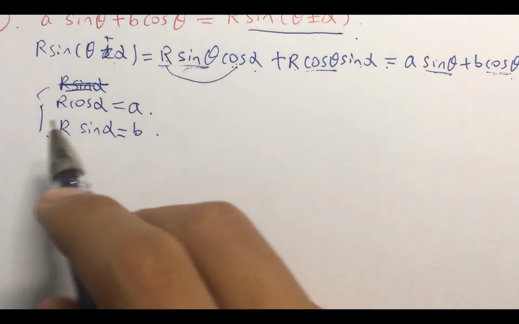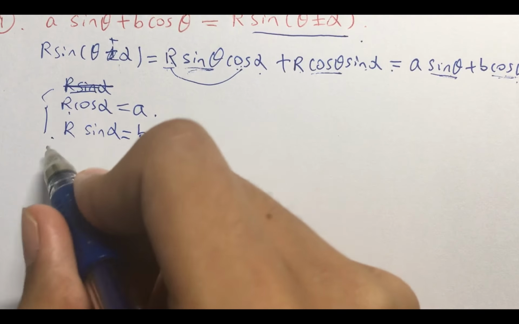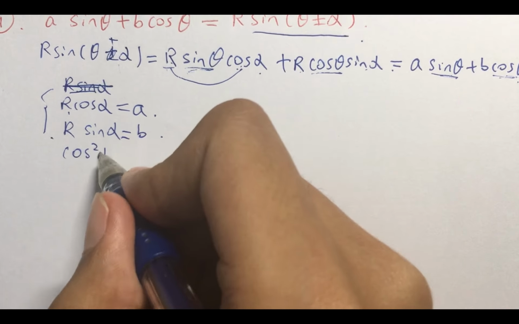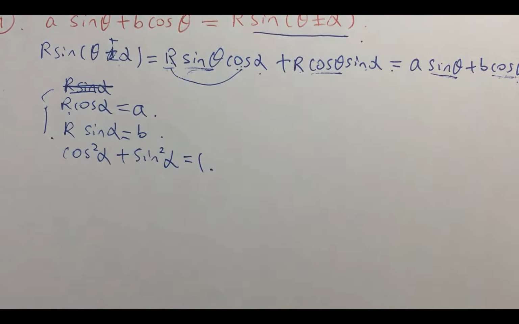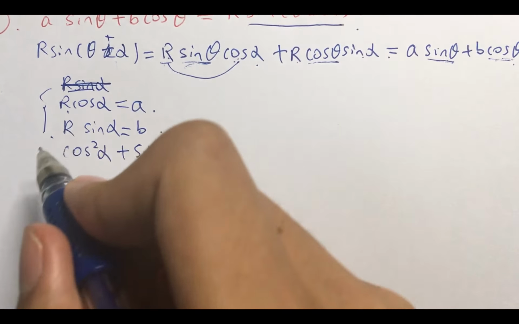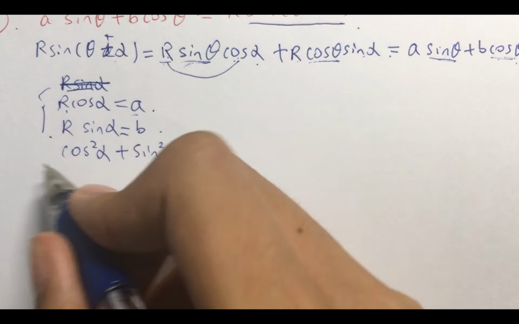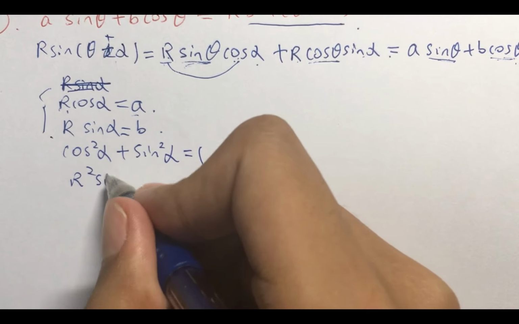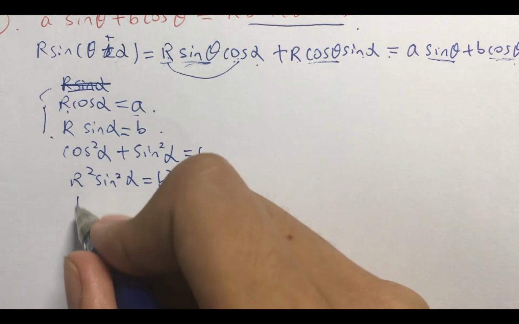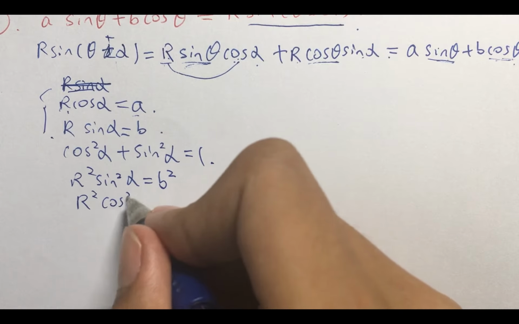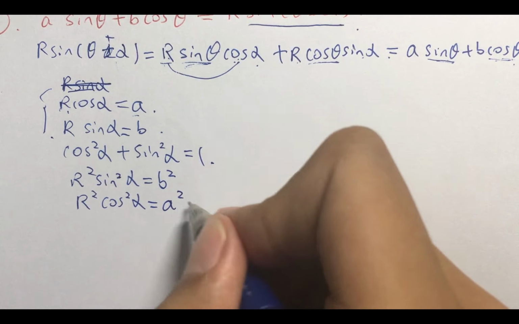Now to solve for r, we know that cosine squared alpha plus sine squared alpha is equal to 1. If we square both sides, we get r squared sine squared alpha equals b squared, and r squared cosine squared alpha equals a squared.